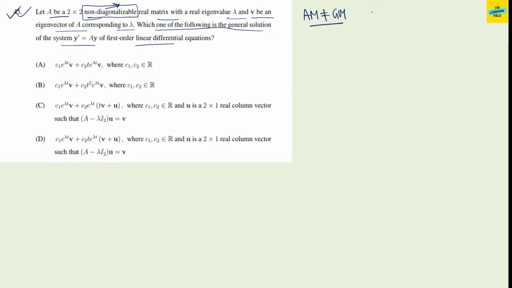That means we can say that the eigenvalues are repeated, because if the eigenvalues are different, then the minimal polynomial has distinct linear factors, and in that case the matrix is always diagonalizable. So there are 2 eigenvalues lambda. So how can we calculate the eigenvector in this case?